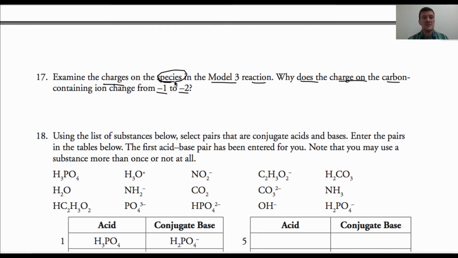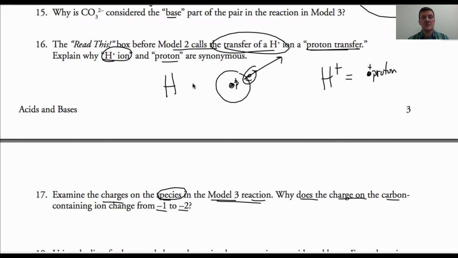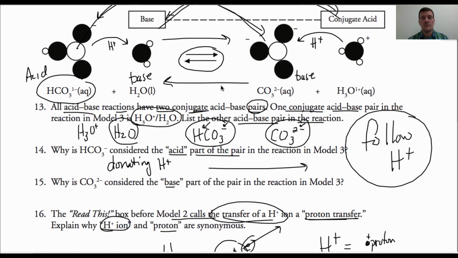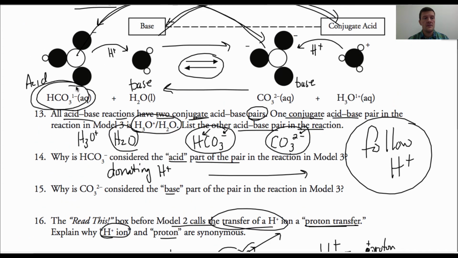So let's just dive into this a little bit more. Model 3, the charge on the carbon containing ion. Okay, so if you look back up here, and here, contains carbon. It's going from -1 to -2 because it is losing its H plus.